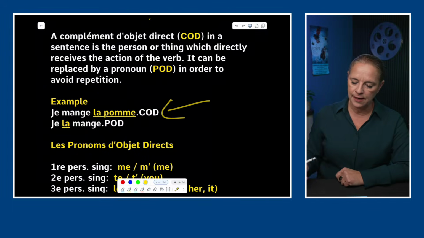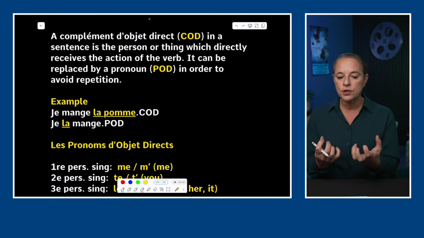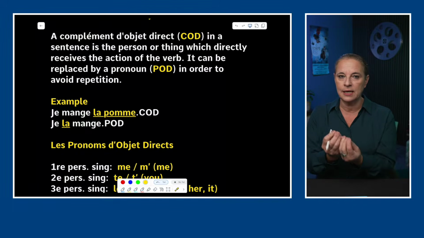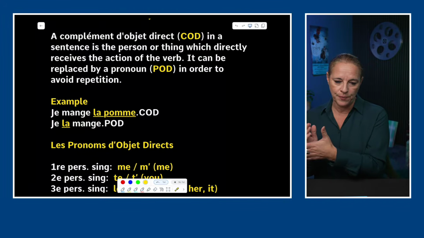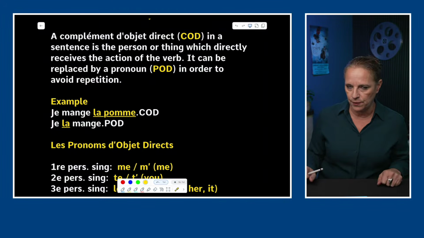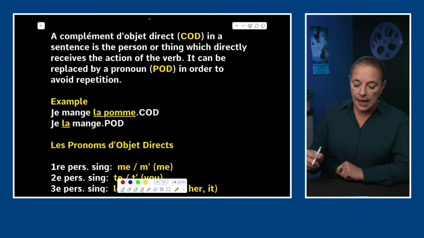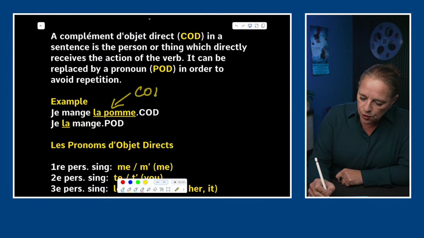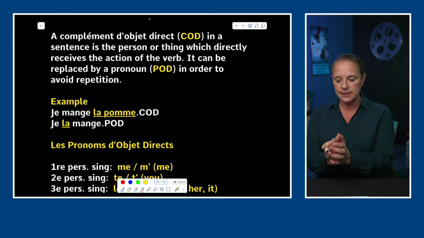Can you see that here? Je mange la pomme. Okay. So if you translate this in English it is I eat the apple. Now, la pomme is what we know as a complément d'objet direct.